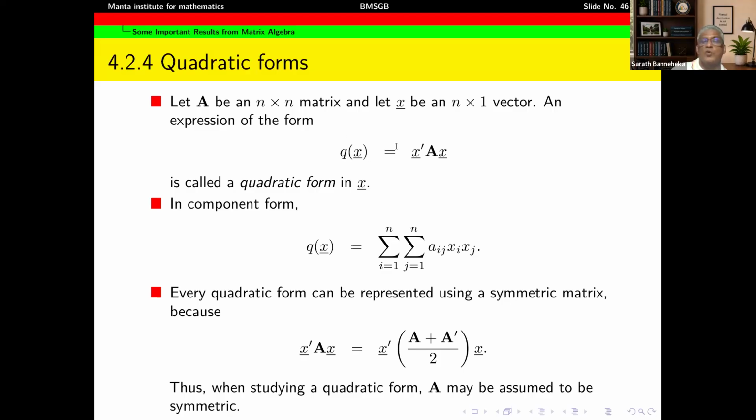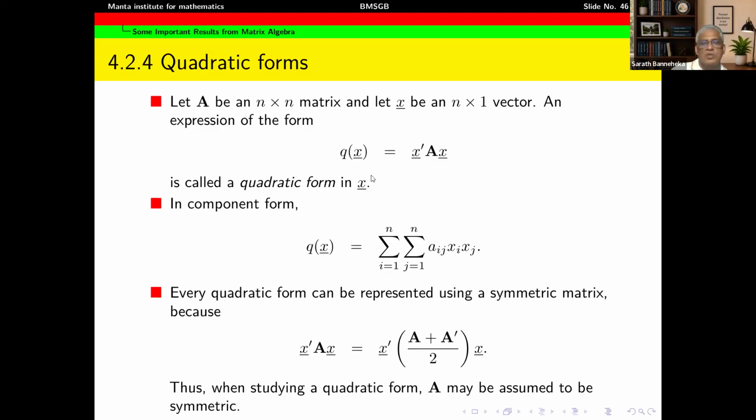This kind of form is called a quadratic form because if you expand this, the terms that you get have the power of X terms always equal to 2. We can expand this kind of matrix. Suppose A has components Aij and X has components X1, X2, X3, and so on.